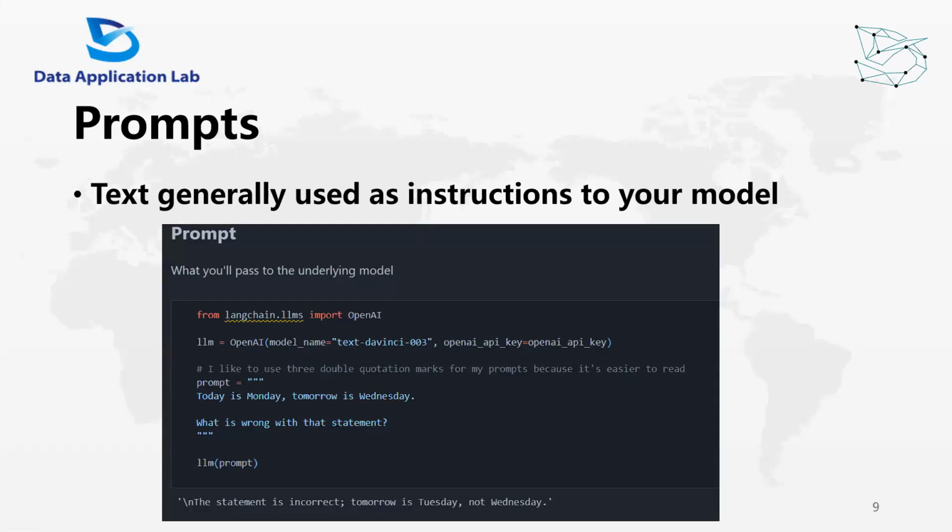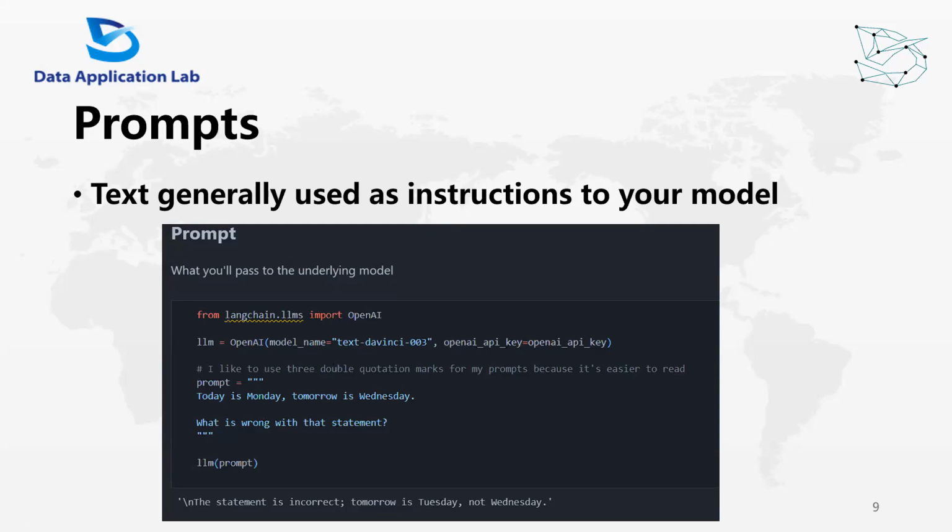Right now, I have put in text-davinci, which is similar to the GPT-3 model. Then we are providing the API key in order to get access to the large language model from OpenAI. After we get the large language model in the variable llm, we put in our query, like a prompt, whatever we want to ask the large language model.